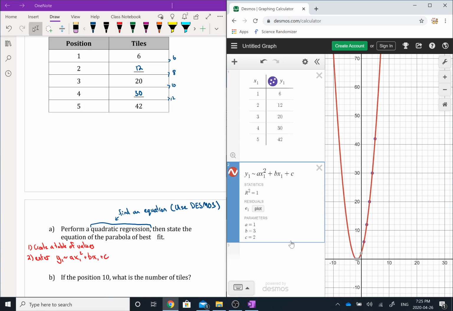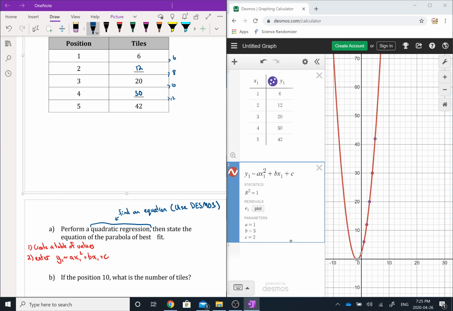So that is how you get a quadratic regression on Desmos, and we see that we get the actual regression here. Basically we have our main function, this is the format, and the a, b, and c down here are what we have to fill in.